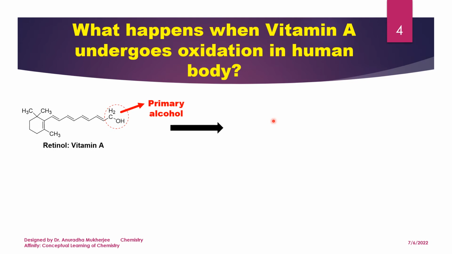Now we know how important vitamin A is for eyesight. So exactly what happens when we take vitamin A? Vitamin A contains a primary alcohol. So when we take vitamin A, it oxidizes to an aldehyde functional group.